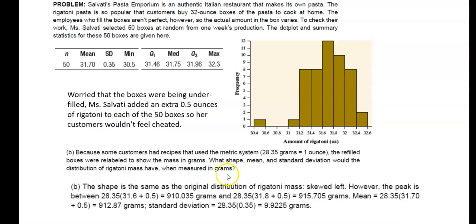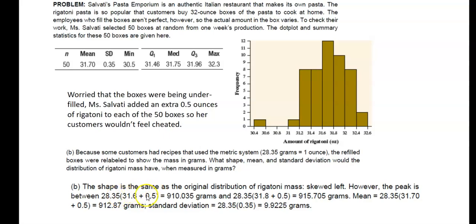So if you start with the 31.46, which is the 75th, the peak is between 9:10 and 9:15. So they basically took 31.6, so the peak is between 31.6 and 31.8. So they took that interval and they converted it by multiplying and adding, right?